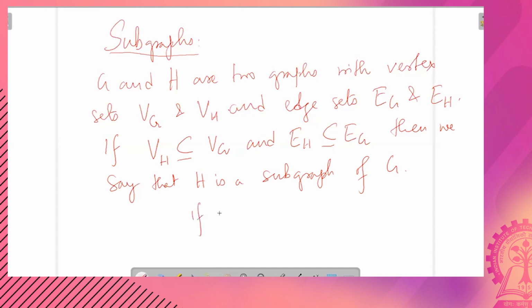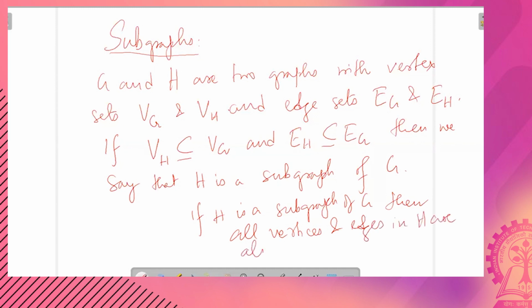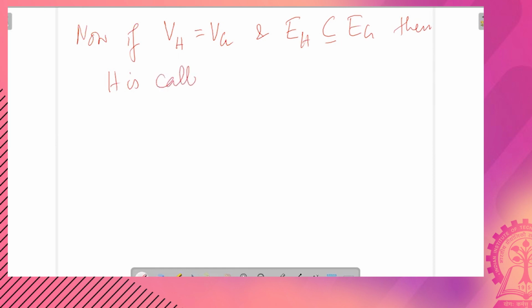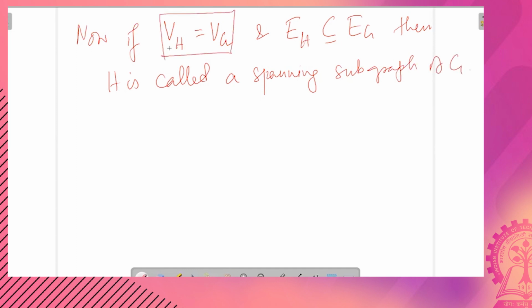That means if H is a subgraph of G, then all vertices and edges in H are also present in G. Now, if VH is equal to VG and EH is a subset of EG, then H is called a spanning subgraph of G. That is, the vertex set is the same for the two graphs.